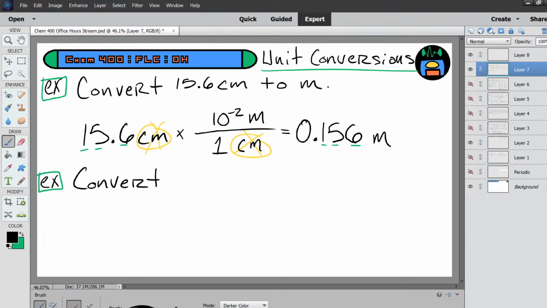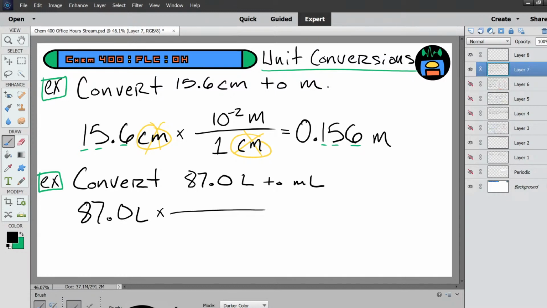Let's convert 87.0 liters to milliliters. All right, so we're going to take 87.0 liters, and we're going to put liters in the denominator, milliliters in the numerator, right?